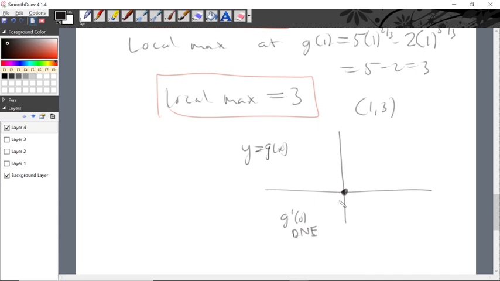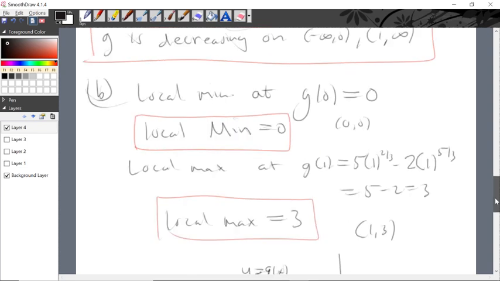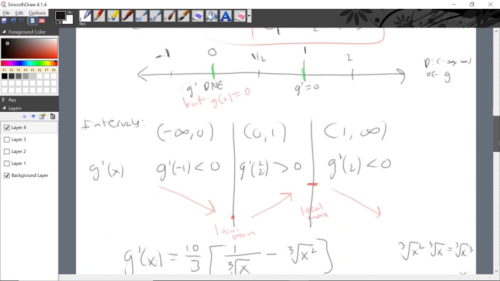Something else happens there as we look around it. Then we go out to the point (1, 3), where we have a local max, and we know it is smooth around here. The derivative does equal 0. If it's a local max here, then within a little neighborhood it's going to be nice and smooth like that.